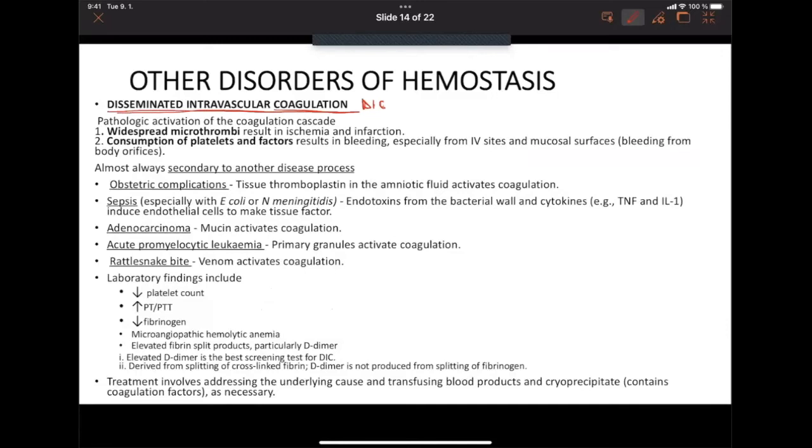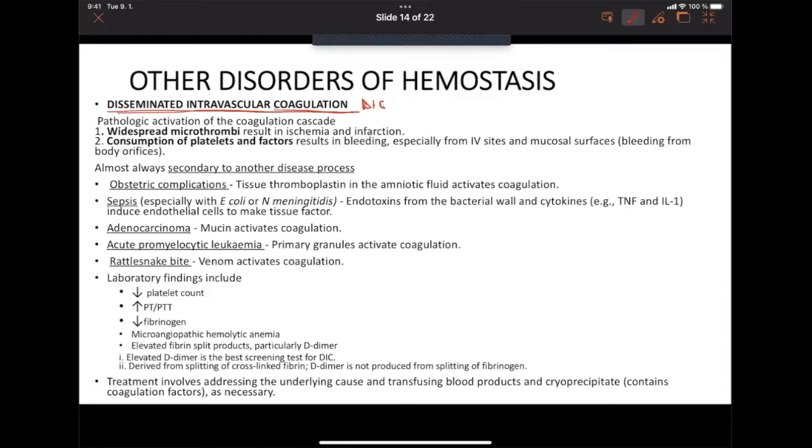Why? Because these microthrombi could occlude vessels and cause ischemia or infarction. Another thing that is going on here is consumption of platelets and factors. So it's also called consumptive coagulopathy, where, like I said before, you're using up all your platelets and your factors, so it results in bleeding.